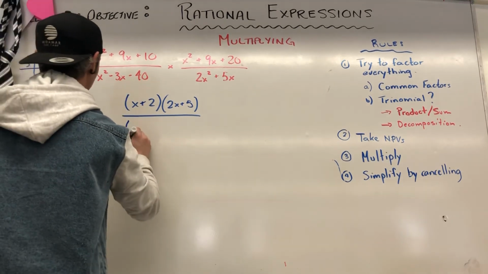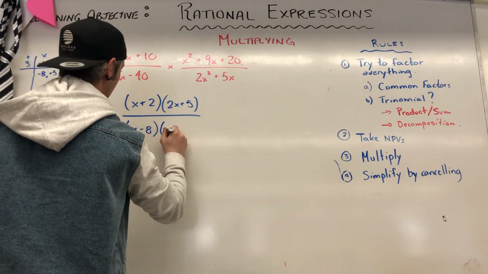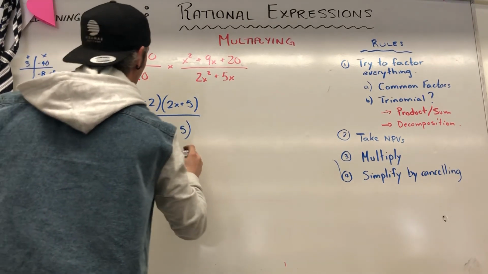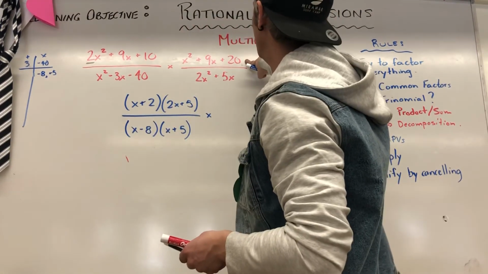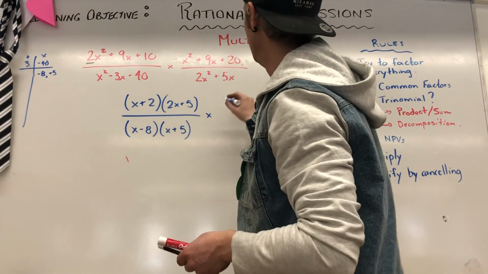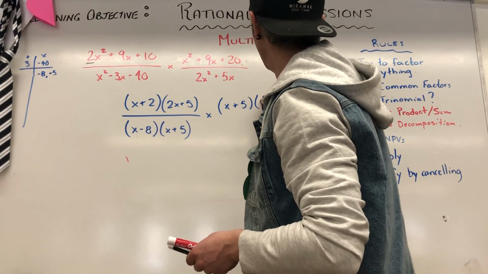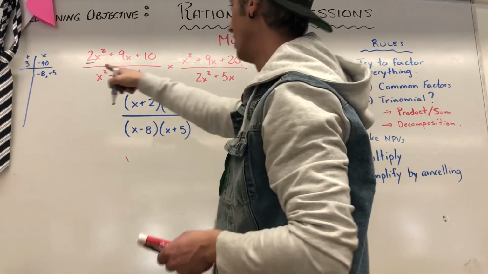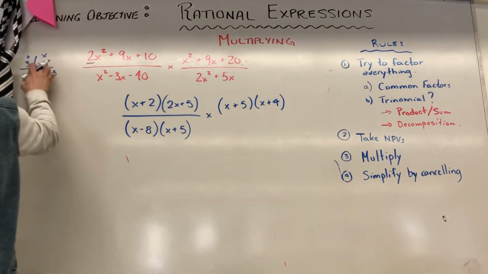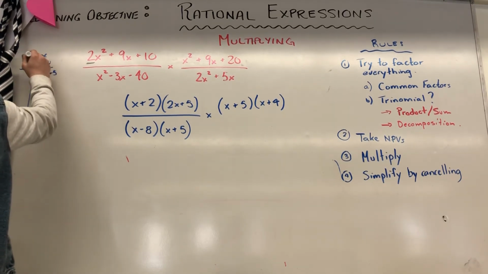So my factors here are x minus 8, x plus 5, and then two numbers that multiply to 20 and add to 9 are going to be x plus 5, x plus 4. Just using the same product sum method, two numbers now that multiply to positive 20 and add to 9.